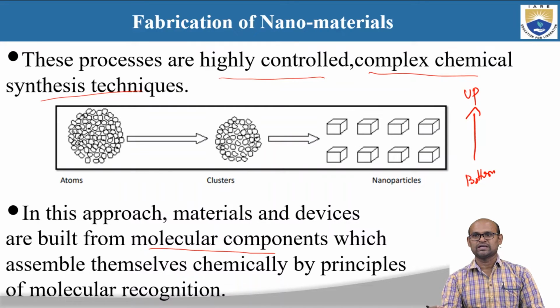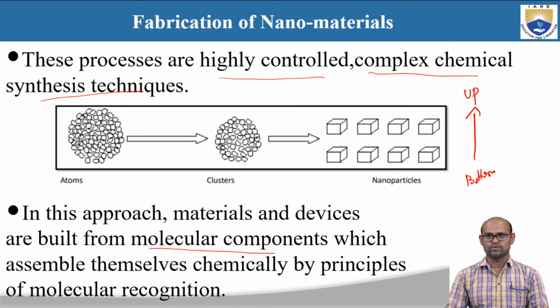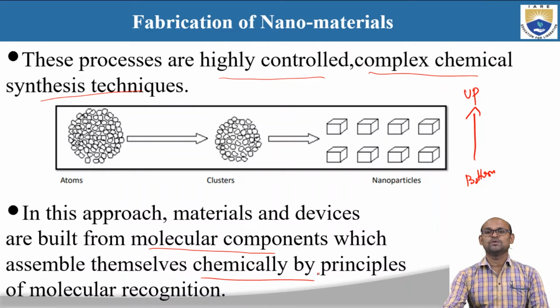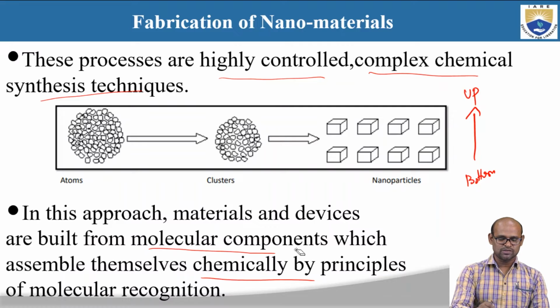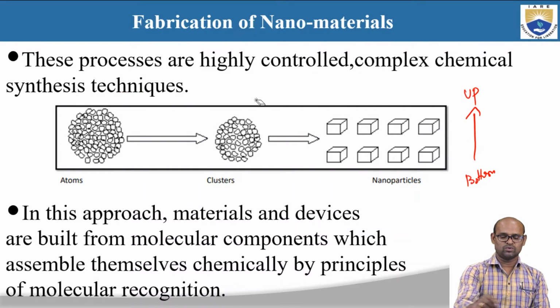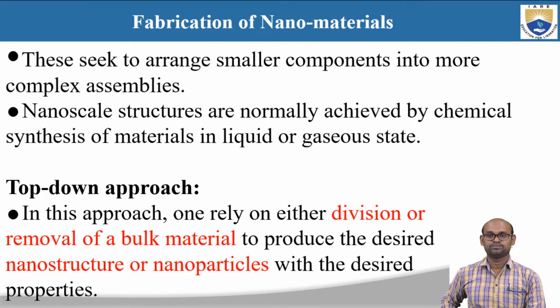For example, if we are taking nanoparticles to fabricate a nanomaterial, how are they going to sit in proper places to give us a material? This is because of the principles of molecular recognition. Because of the chemical principle, they will sit in regular places and give us the particular material. So this is bottom-up approach.